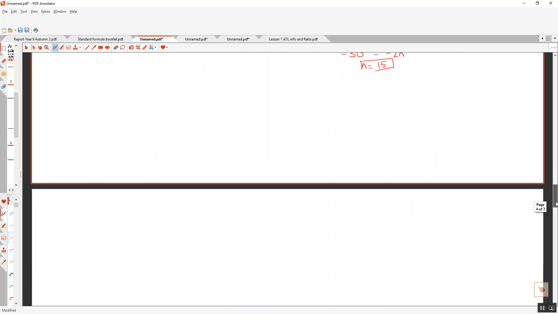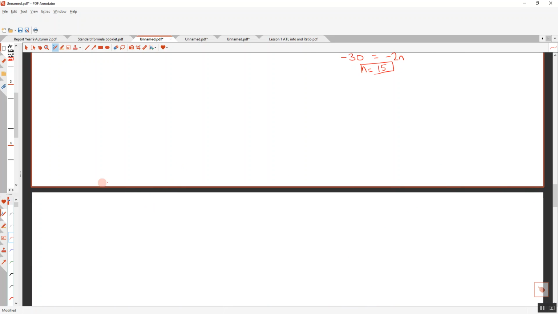Okay, let's give you something that IB would ask. So this is kind of like an IB type question. Three numbers are consecutive terms of an arithmetic sequence.